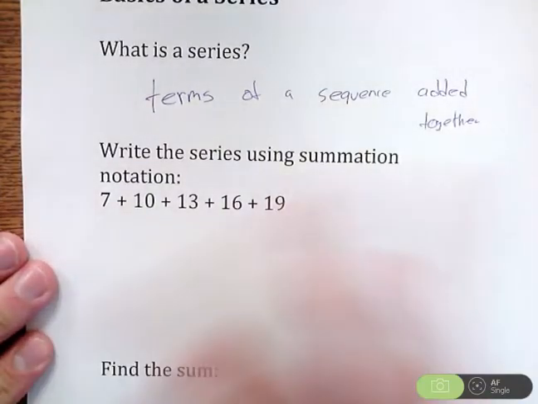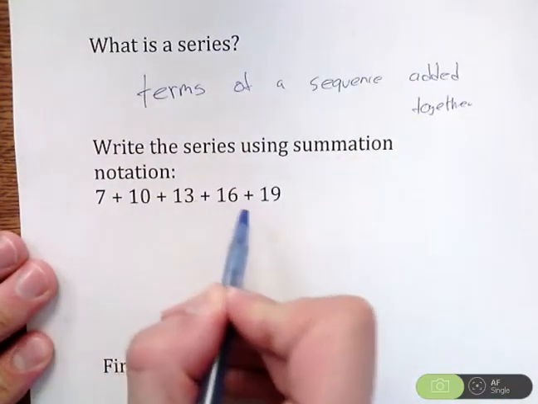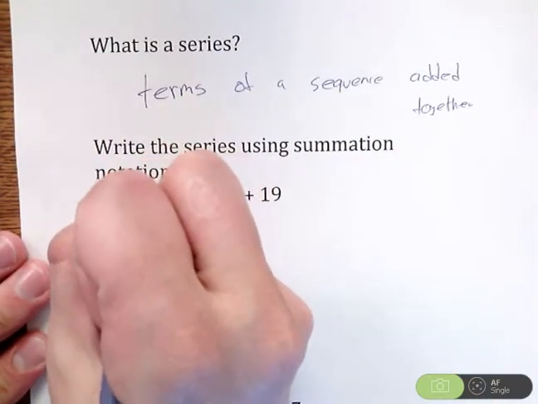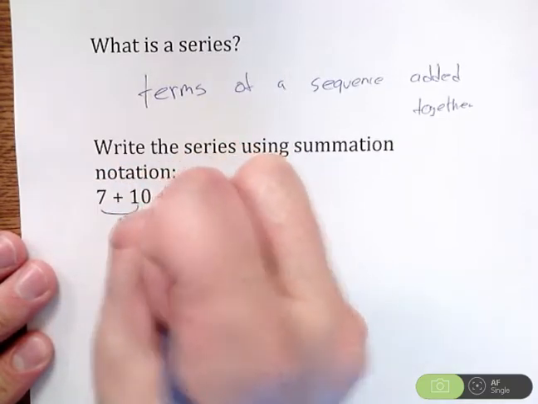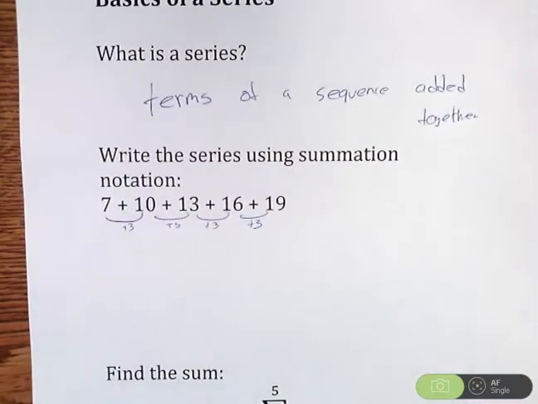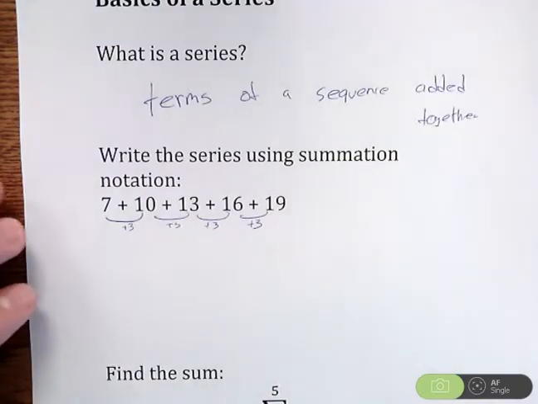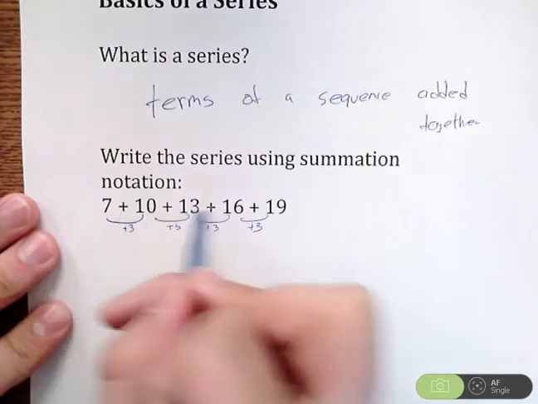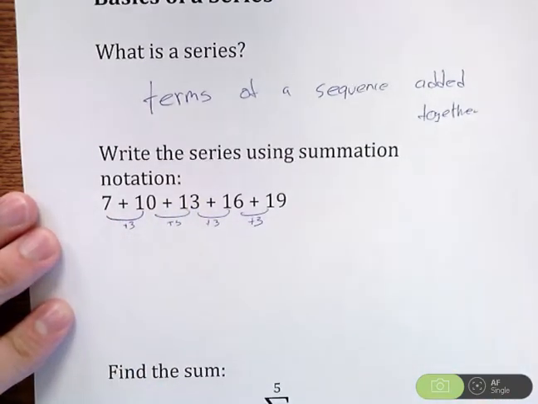So first thing I notice going from 7, 10, 13, 16, 19 is we're adding 3 every single time. So when I come up with my formula and my rule, it's probably going to have a 3 involved. What I do is look at which term it is in the sequence.